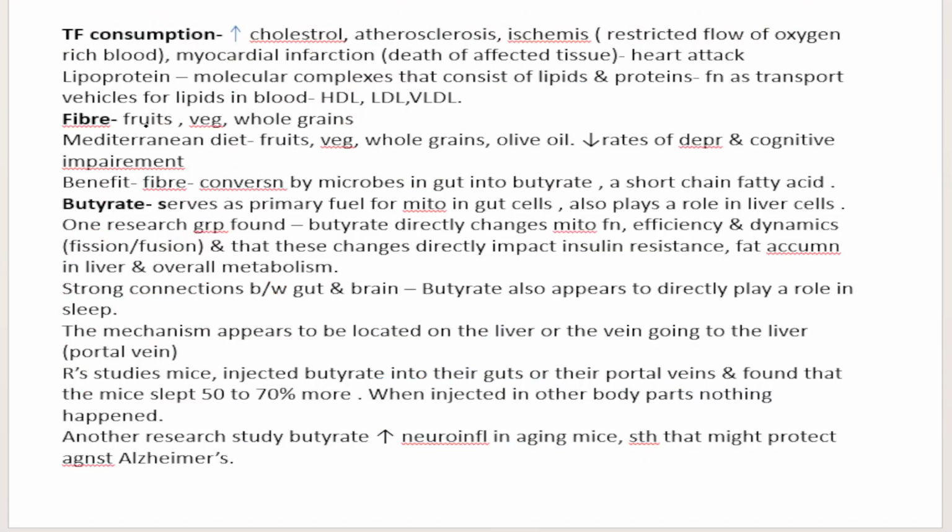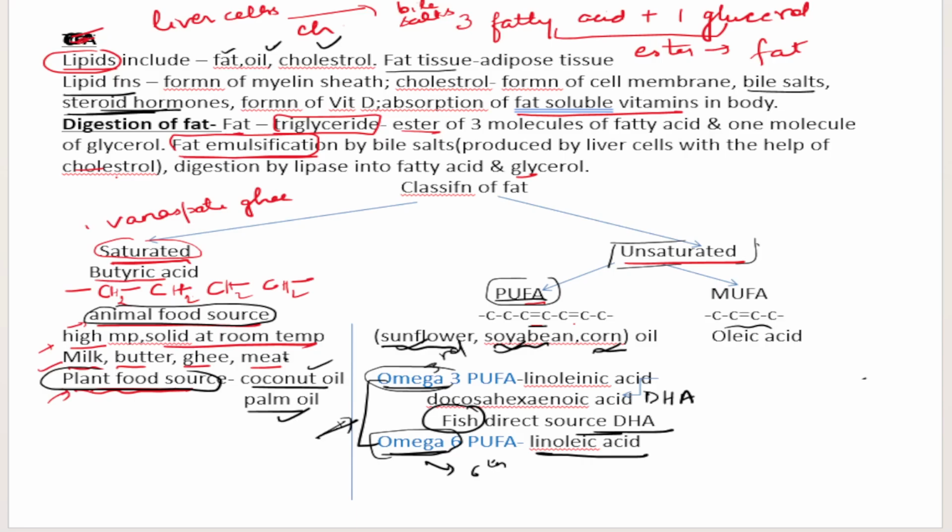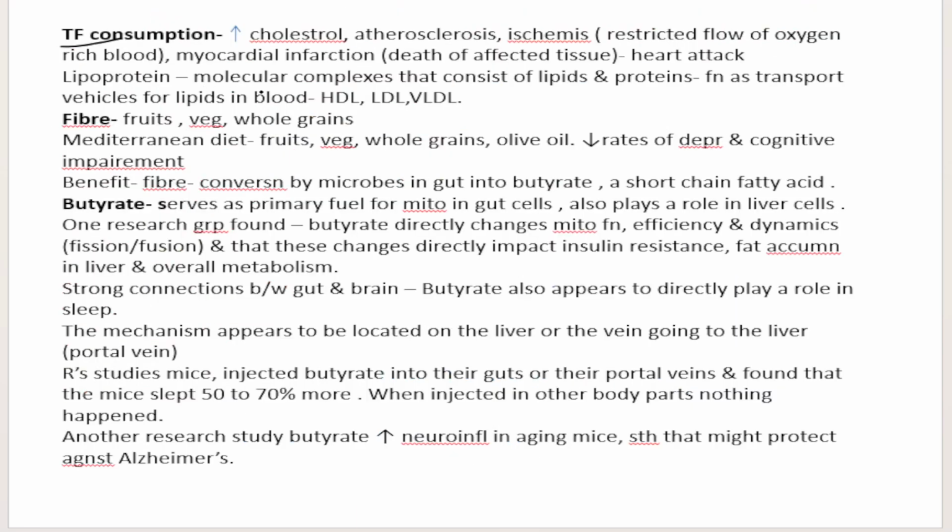Now we talk about trans fat. Now how do we obtain these trans fats? We know that there is a phenomenon called hydrogenation of fat. What is hydrogenation of fat? Hydrogenation means when an unsaturated fat, which has double bonds between the carbon atoms, is converted into a saturated fat.